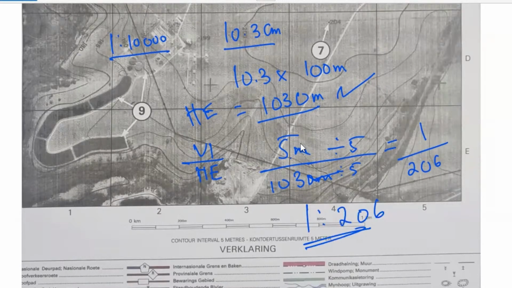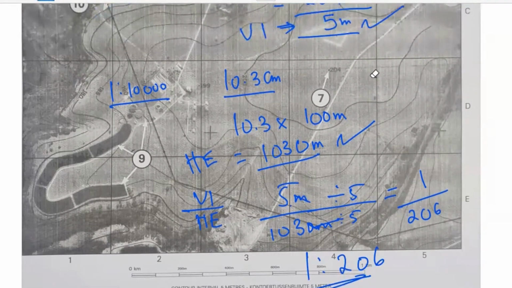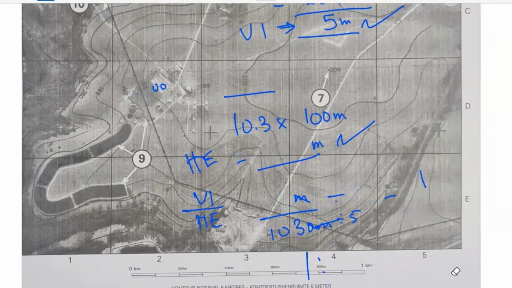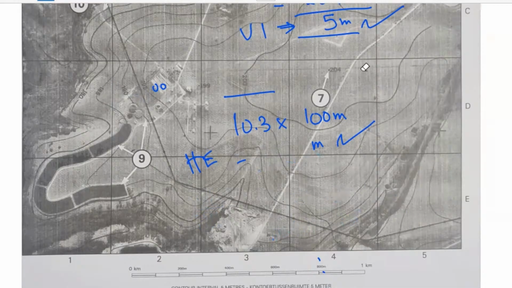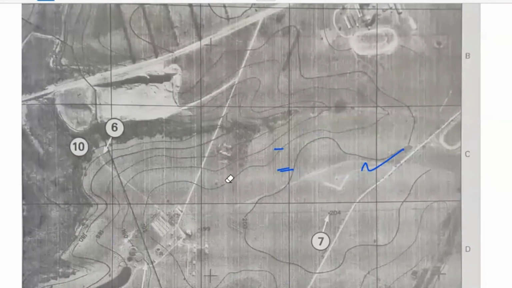Right, then we move on to the next question. Complete the grid reference of the trigonometrical station 114 in block A5 on the topographic map. Right, what you need to just do here, I'll give you the skills of how you must do it and how you can estimate. Right, what you can do is your values of degree latitude and degree longitude are already given on the map reference.